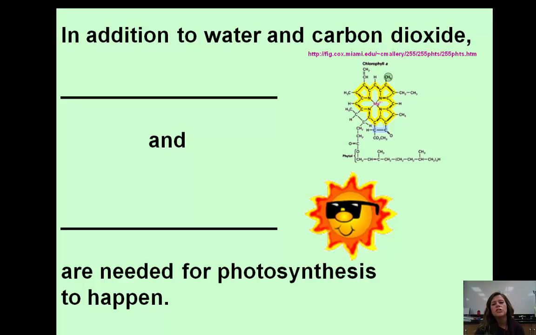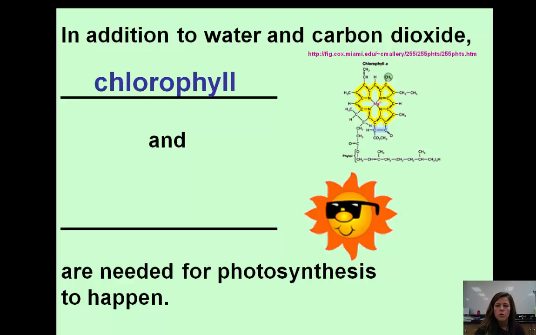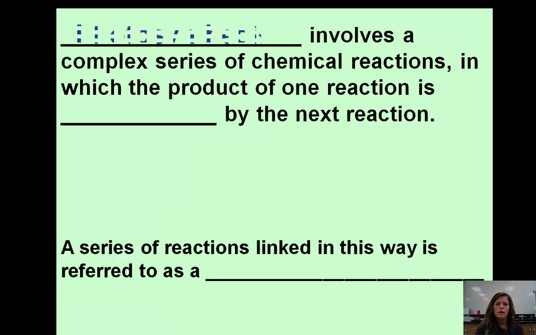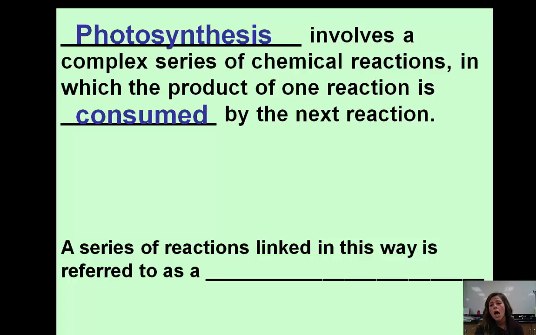So in addition to water and carbon dioxide, we have chlorophyll and light energy that are needed for photosynthesis to happen. So it's not necessarily in our equation, but that's why we put over the arrow the sunlight, or we put light. So photosynthesis involves a complex series of chemical reactions where one reaction is consumed by the next reaction.